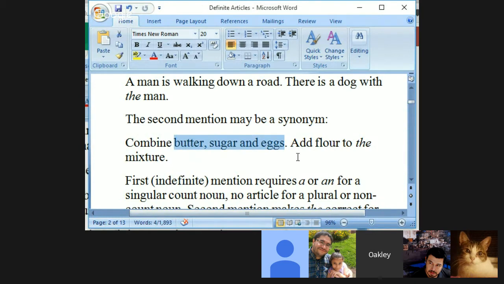So, being that the word mixture is a synonym, or a word that refers back to these things, we can count it as being described as being specific. So, okay, here's one aspect of this.